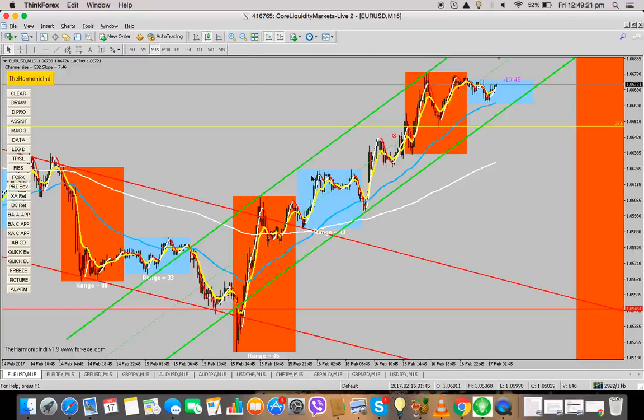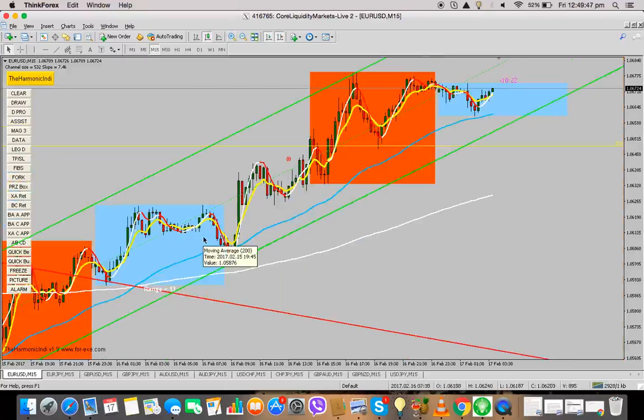Then the market most likely will bounce a bit during the Asian session, go into a range that continues towards the end of the Asian session, and then create either a false move, a spike off the 200 or the 50 in the London session, if the market has established its pattern.